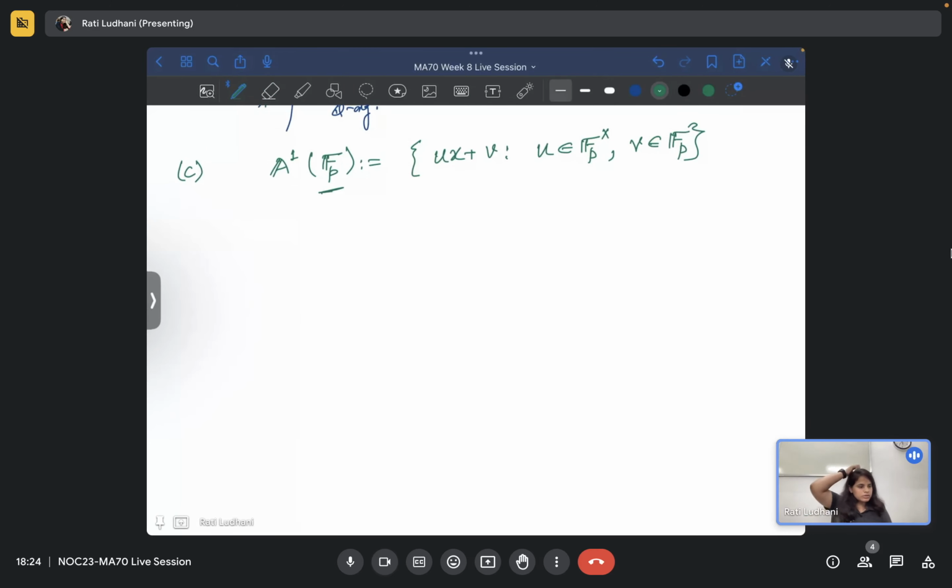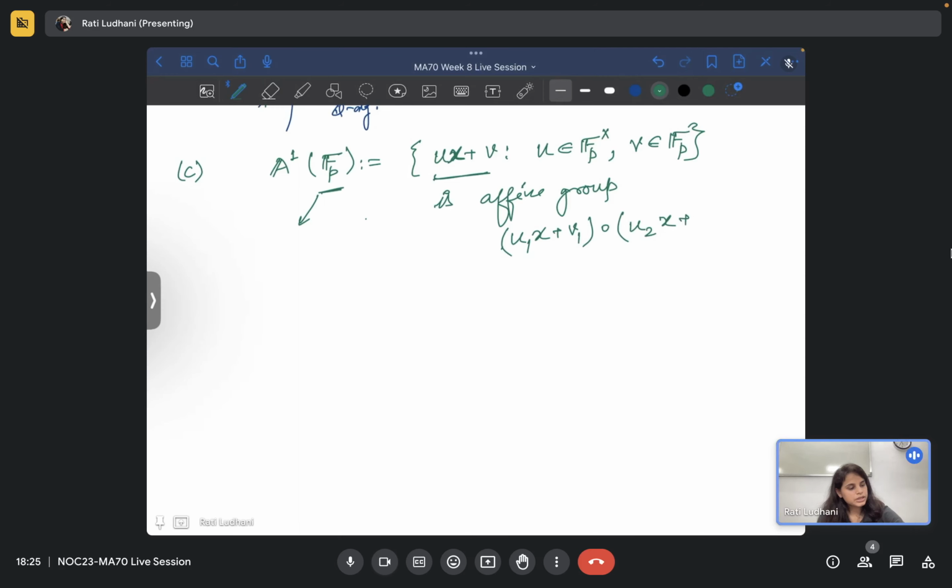Now let's see what we have been asked. You have to find a group isomorphism. This forms a group under composition. Under composition means, x is some variable, just think of it like this. So this is the affine group, kind of a general linear group. Any element, let's say this, you have the composition.